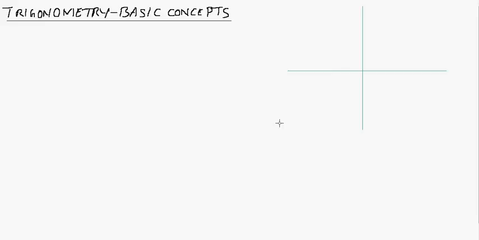Hello everyone, in this video we will discuss some basic concepts in trigonometry. Many problems in trigonometry can be best explained with a graph of a plane. Now every point in a plane corresponds to an ordered pair.